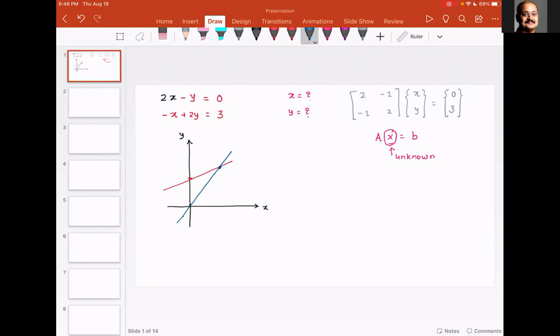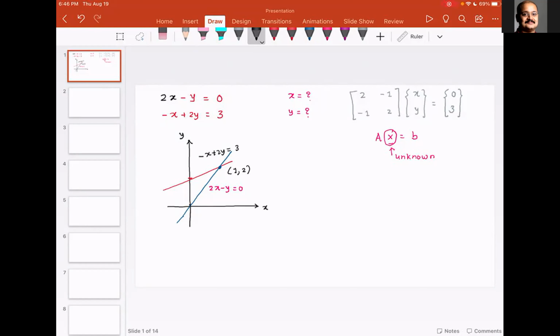This line is 2x minus y is equal to 0. And this line is minus x plus 2y is equal to 3. And when I plot these lines, the point where these two lines intersect is the solution. Agreed?